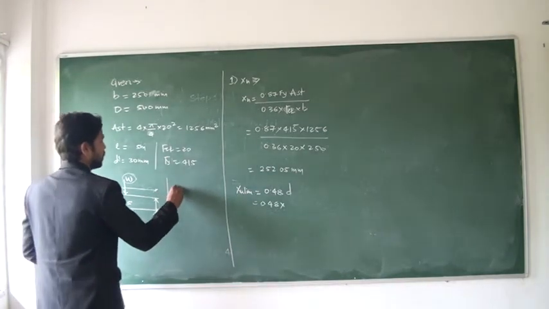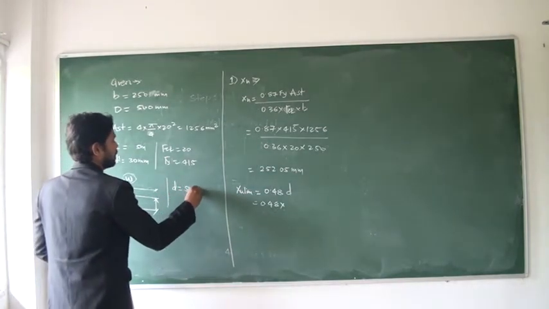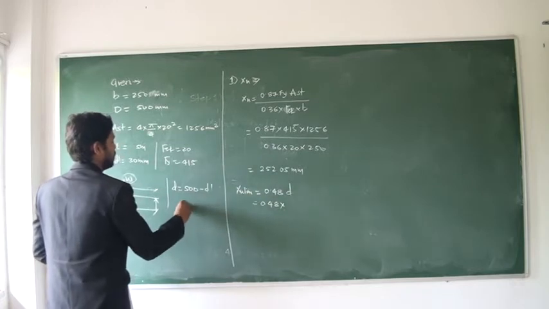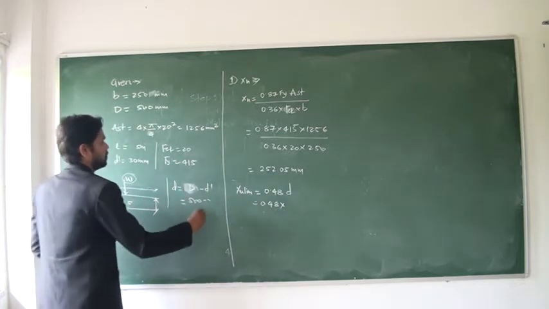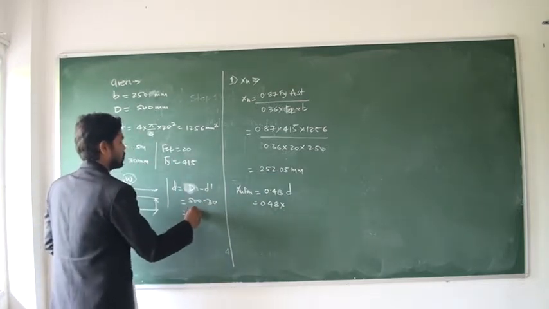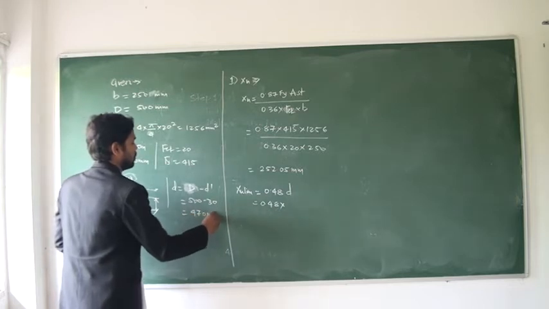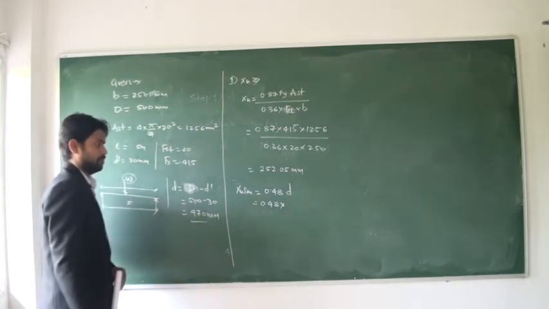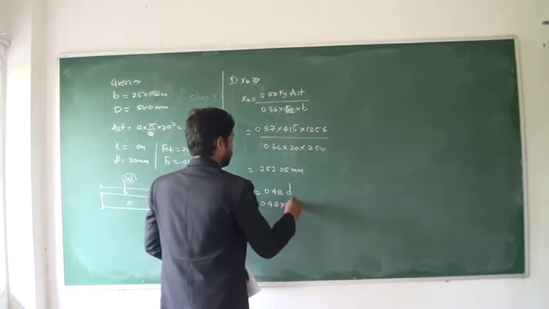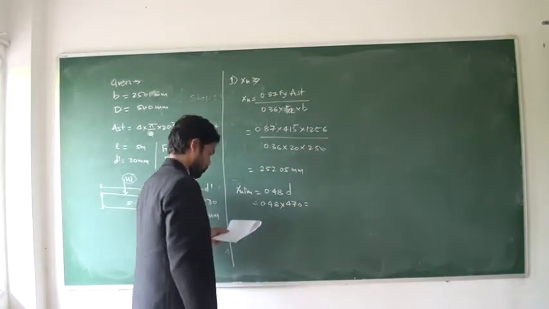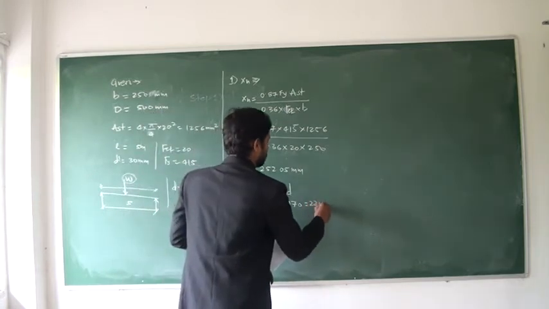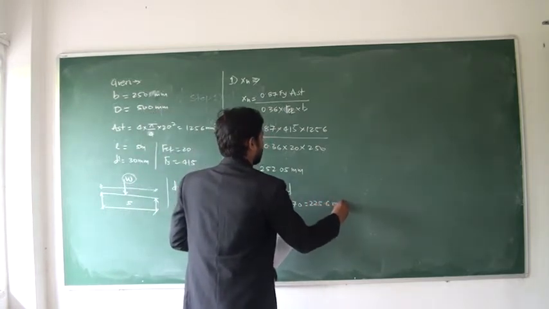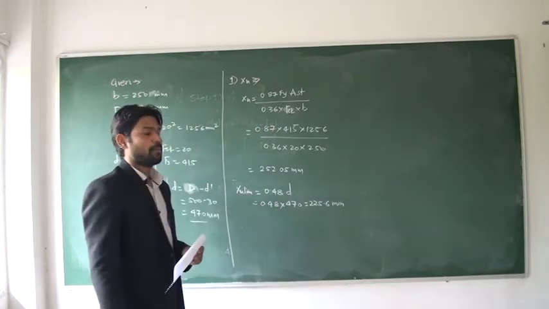So small d is capital D minus d dash, so 500 minus 30, that is 470 mm. So this gives you the value 225.6 mm.